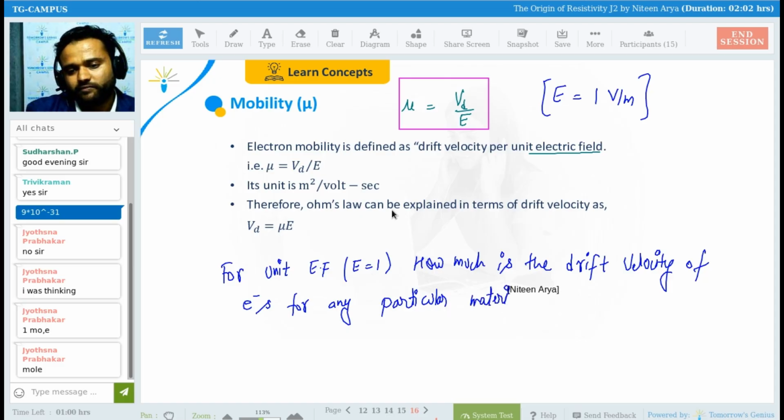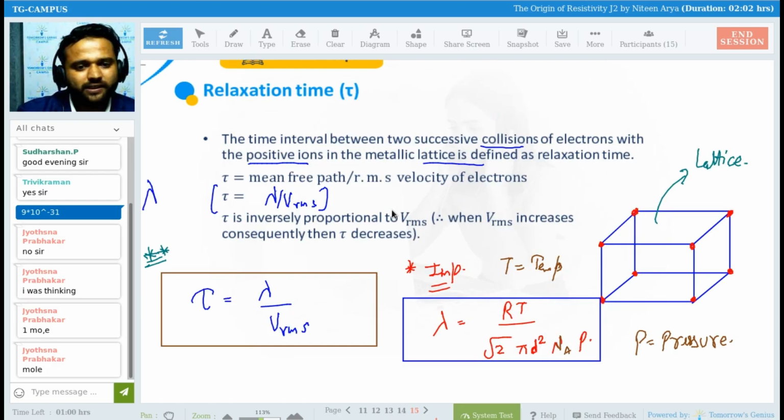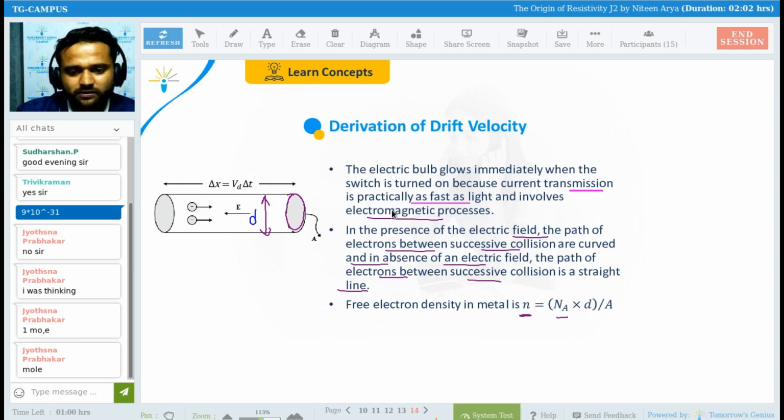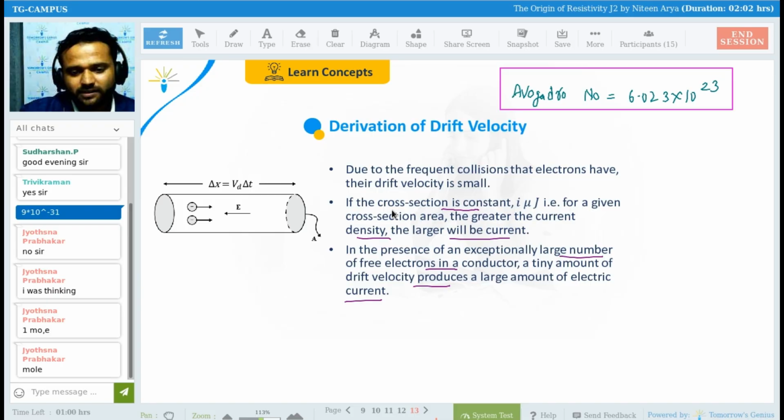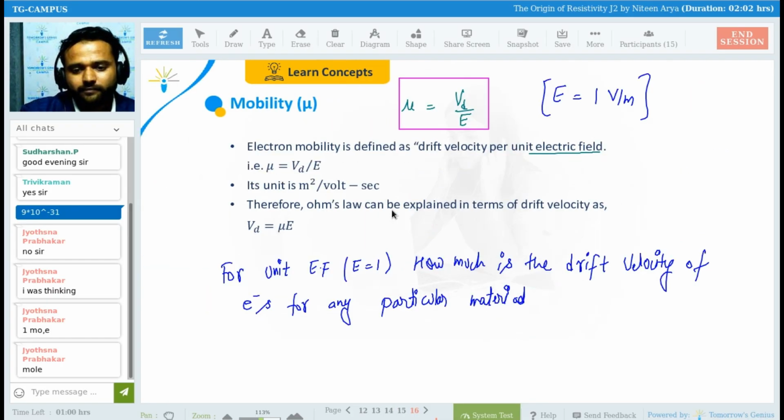Material is the correct. Why so? Because from the previous lecture, Vd equals a tau, where we have the relation minus E by m. So mu is Vd by E, which is minus E tau by m, and tau is this relation.